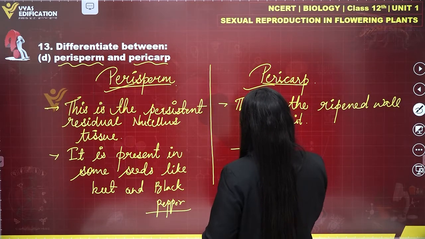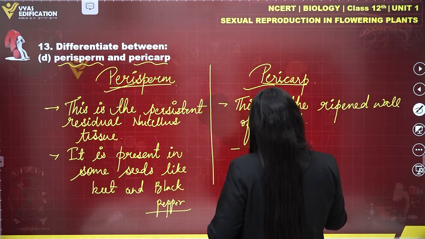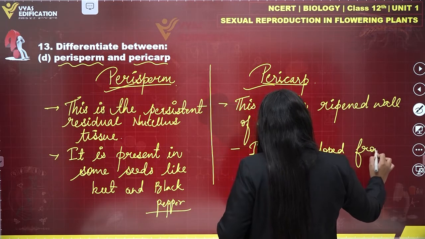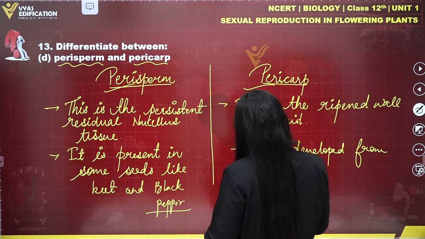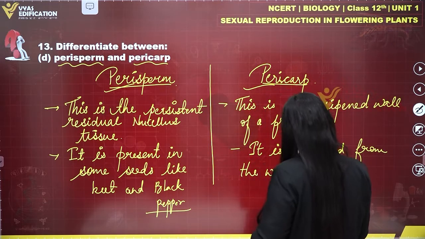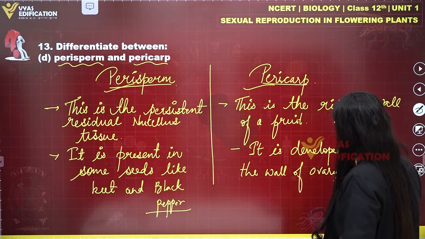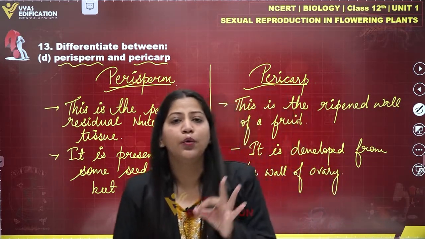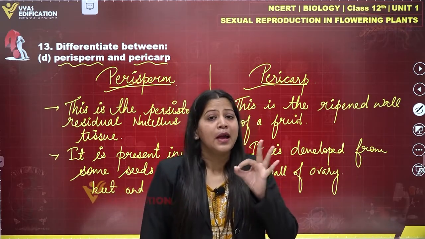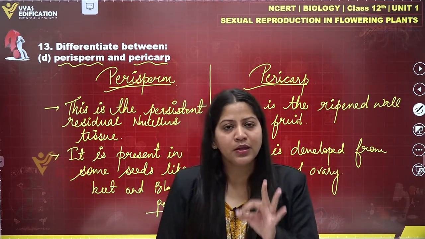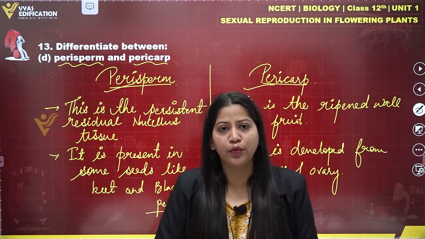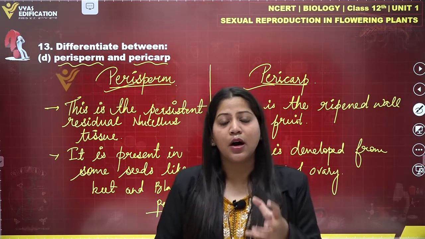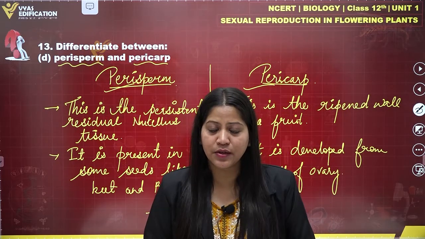It is developed from the wall of the ovary. Because we know that after fertilization, ovary gets converted into fruit, and ovule gets converted into seed. As we know that the outermost covering of an ovule, which is known as integument, converts into testa, the covering of the seed, after fertilization.